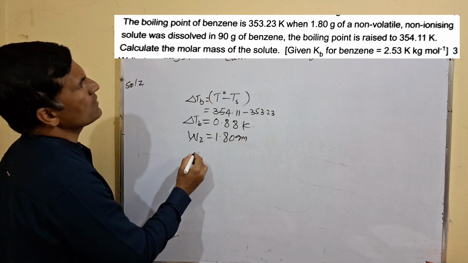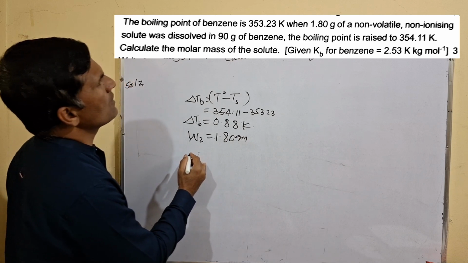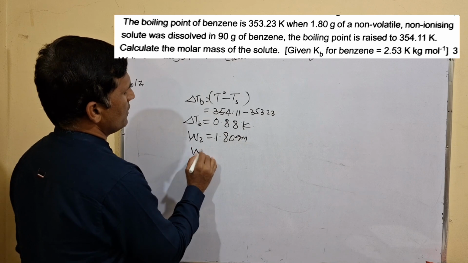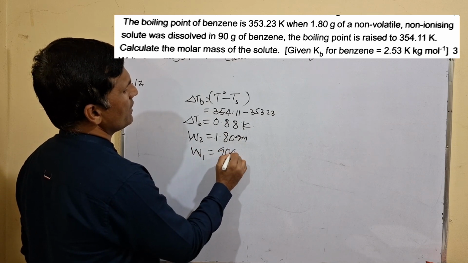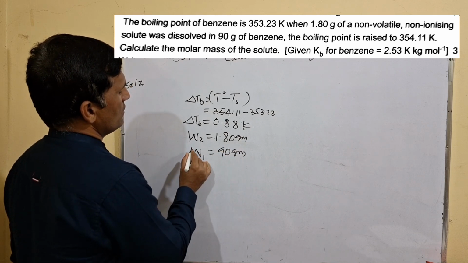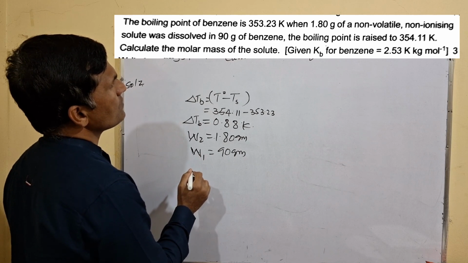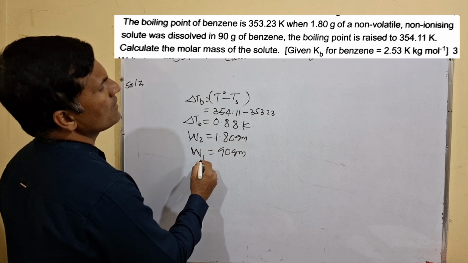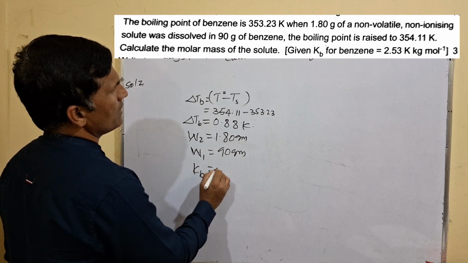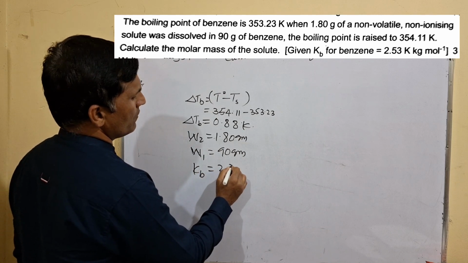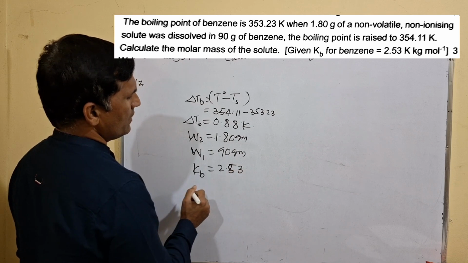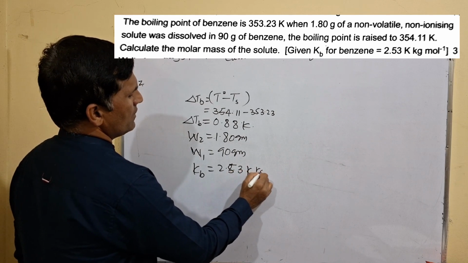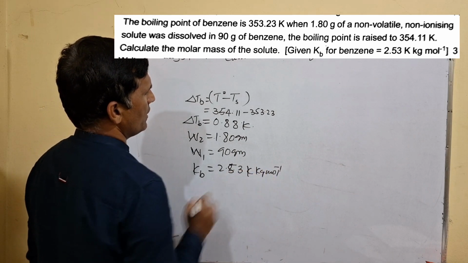Then weight of the solvent W1 is equal to 90 grams. Then the ebullioscopic constant Kb is equal to 2.53 Kelvin kg per mole. So like that it is given.